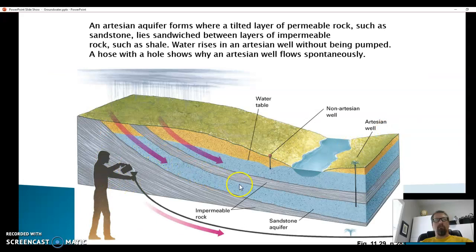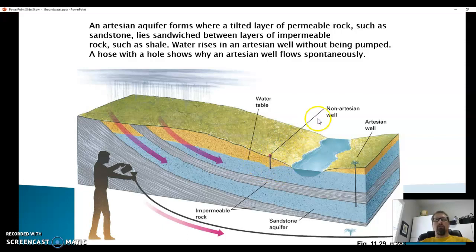So right here, what we're looking at is the confined aquifer, or the artesian aquifer. It's confined on both sides. And we have a well over here that is drilled into the artesian aquifer. Above that, we have an unconfined layer, and so we have a non-artesian well. So this is the well that you most likely have in your house if you live in a house or have lived in a house with well water.